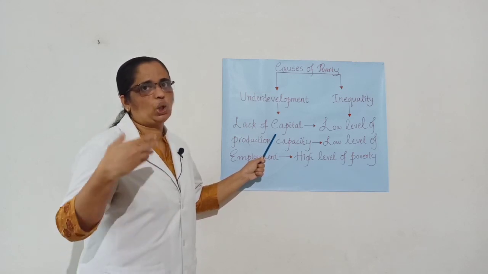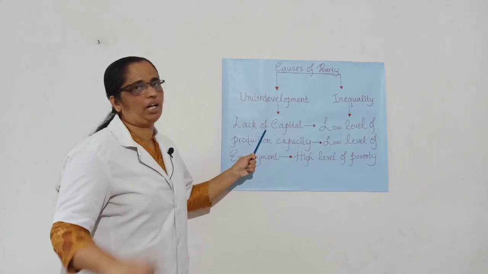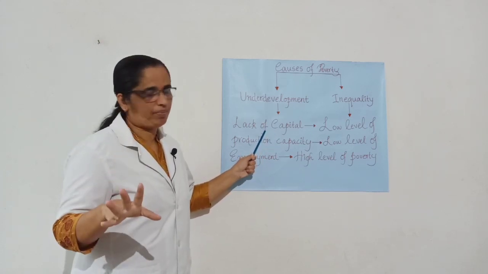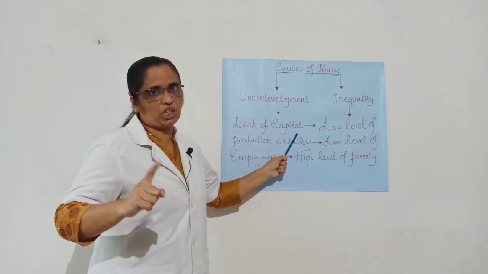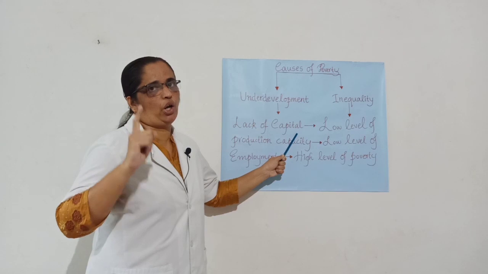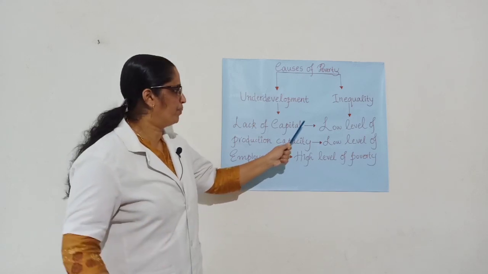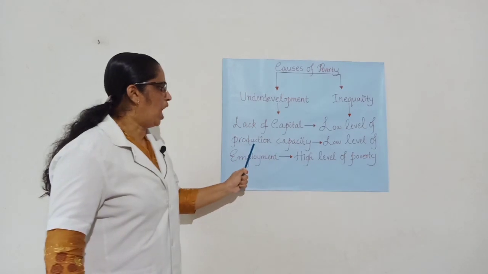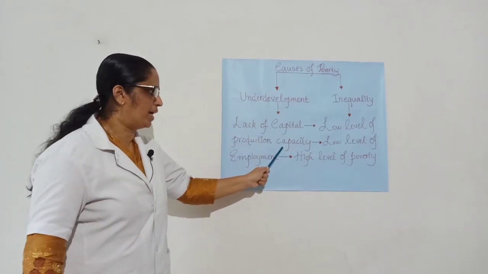For example, to create enough infrastructure, we require enough capital or capital formation. As a result, there is a low level of infrastructure, low level of employment opportunities, low level of employment, low level of output or production and productive capacity.